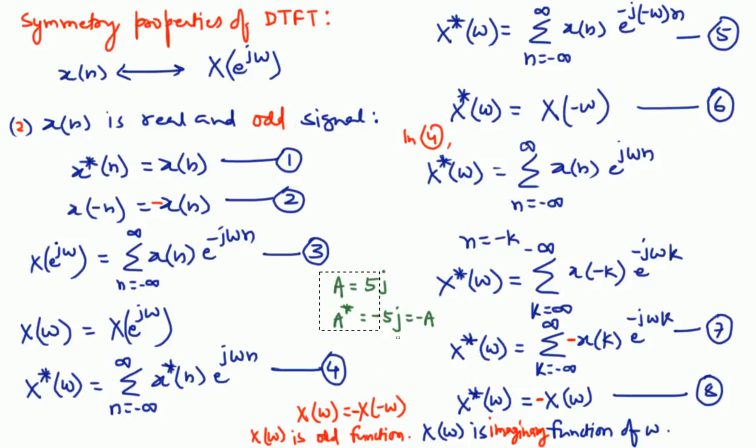Now we will see the third type of signal, where x[n] is imaginary and even.